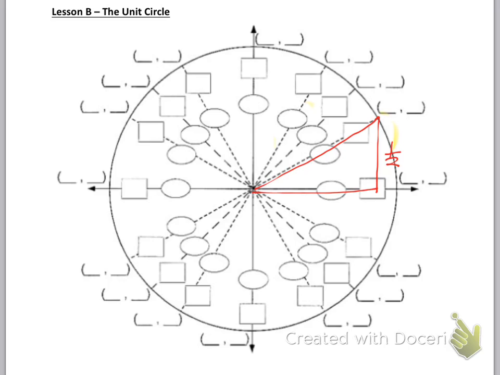So if I do the next one again, if I do 45, we just did the opposite side, which is 1 over the square root of 2 over 1. Now if you do this 30, 60, 90 here, that's just going to be square root of 3 over 2 over 1. Remember what triangle I'm drawing that from. So for the sine of the angle, it's just going to be that height that represents it.